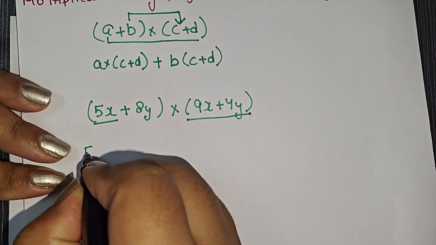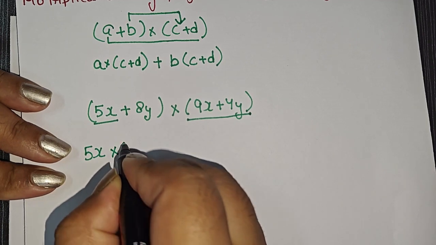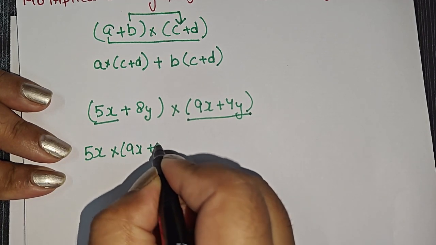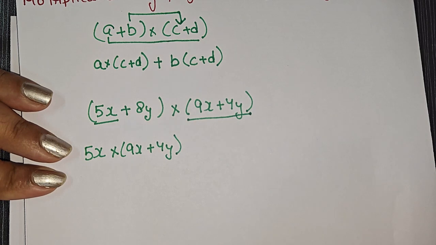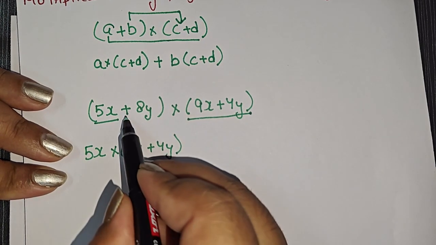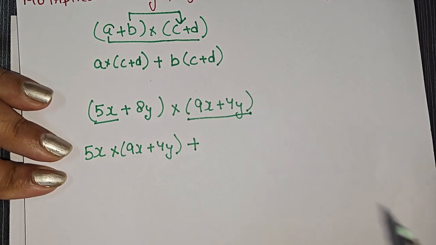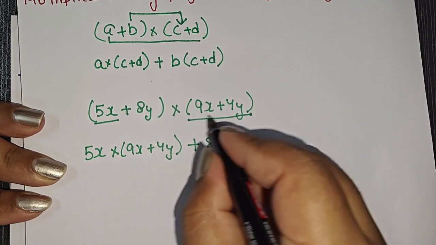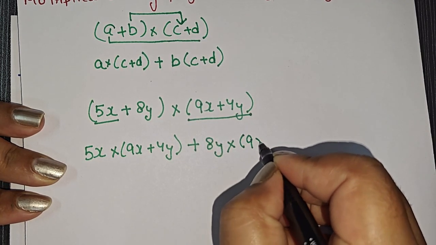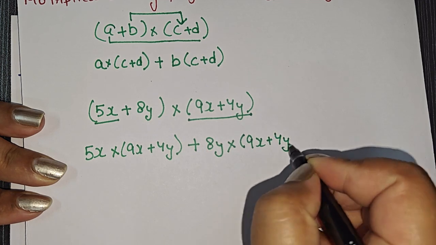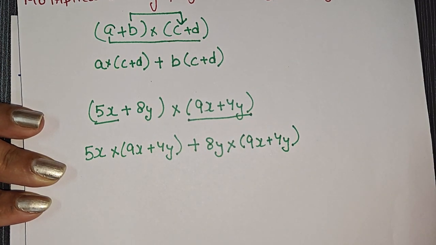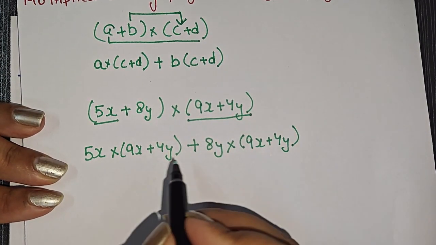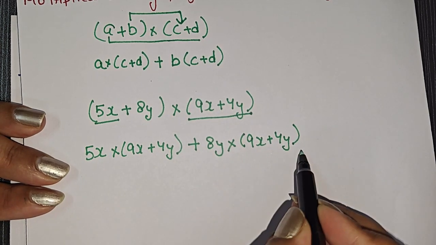The operation will come as it is, 8y into again 9x plus 4y. Now individually we will solve them.